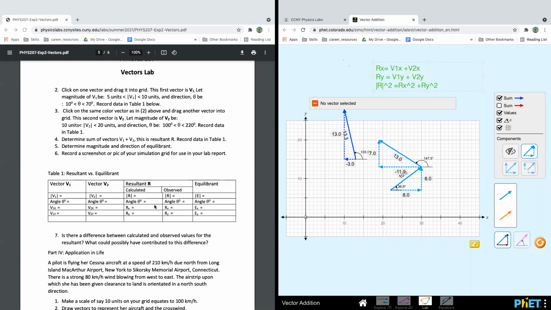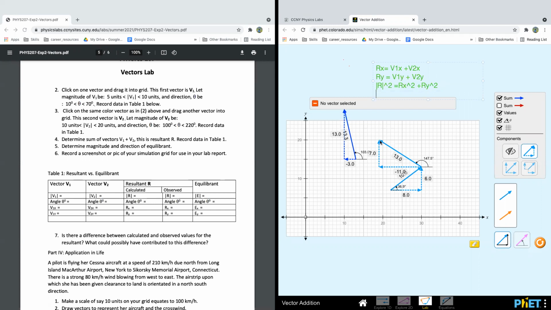How do you calculate the angle? The angle is using tangent. So let's say this angle from here to here is theta.